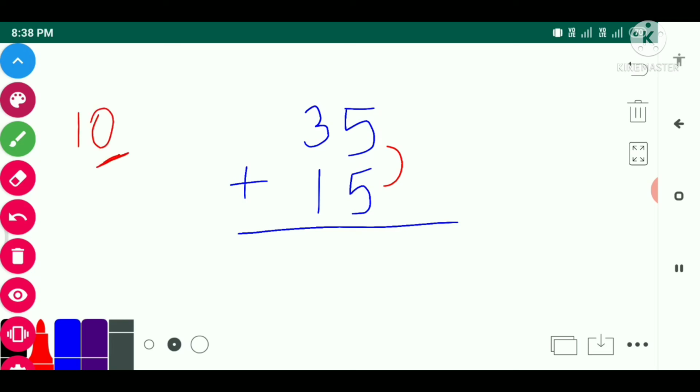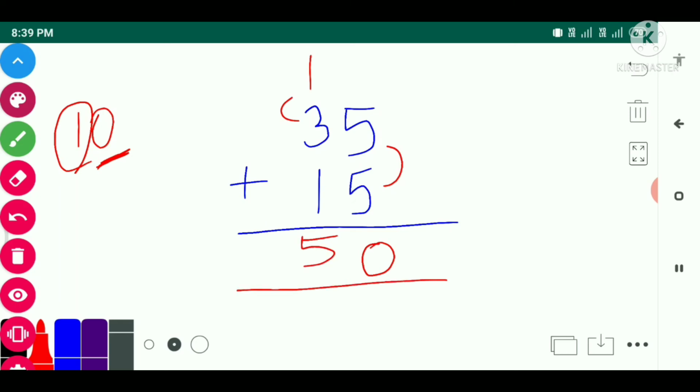So we'll write the last digit here and this one we will place here. So now we'll add these two first. 1 plus 3, it will be how much? 4. 4 plus 1? 5. So total how many children are there? Total 50 children are there.